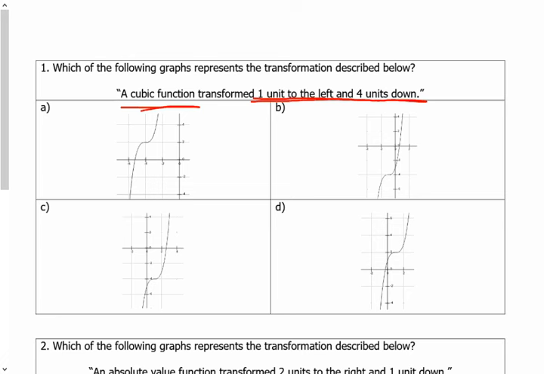This is no, because a cubic function started at 0. So here's my point. It went 4 left and 2 up, so that's not it. This one went 1 left and 4 down. That's actually my graph right there.